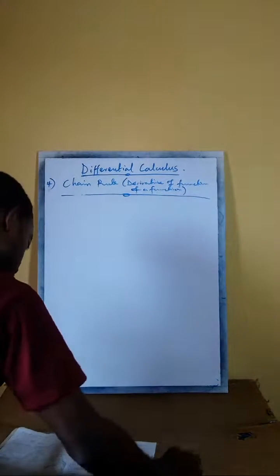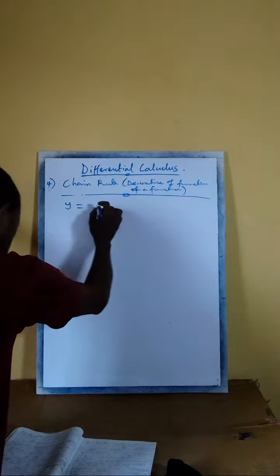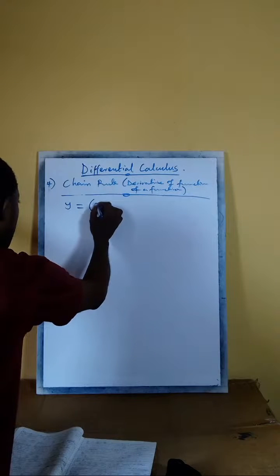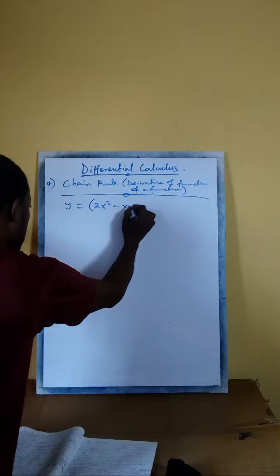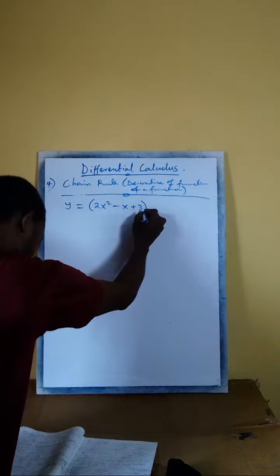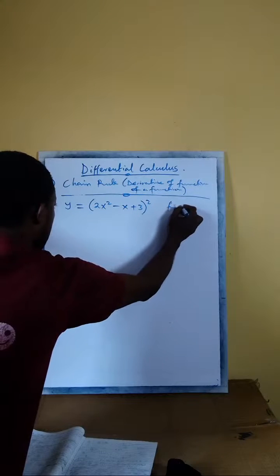This is actually an easy one. Given that y equals (2x squared minus x plus 3) all squared, find dy/dx.